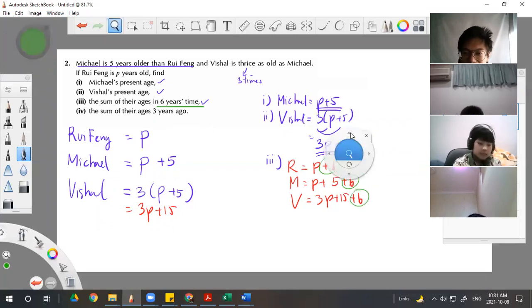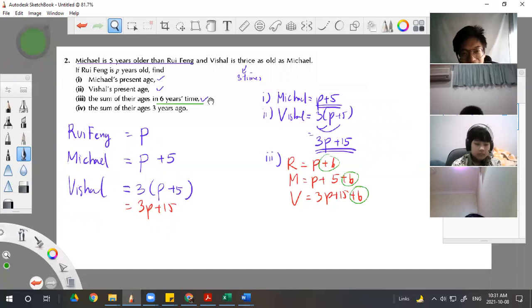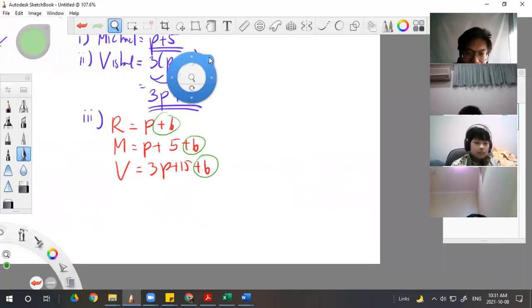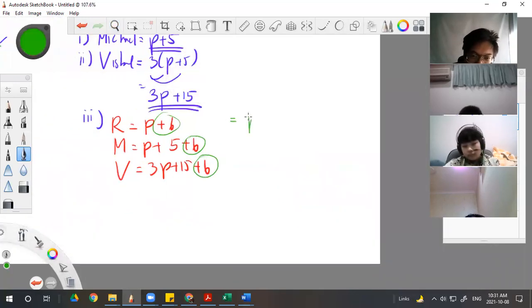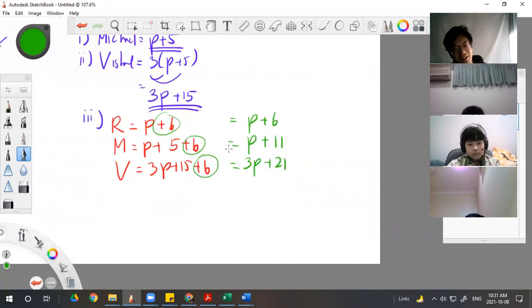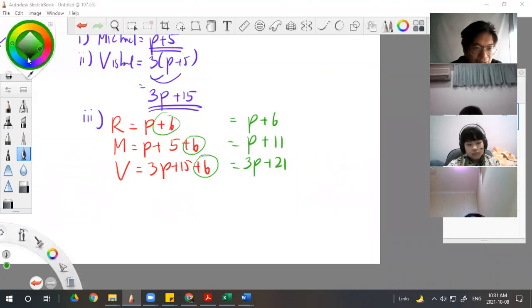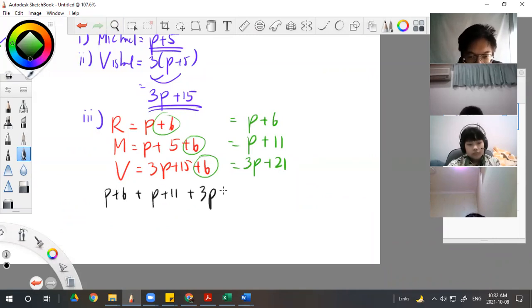6 tahun lagi. So, dia tanyanya apa? Sum of their ages. Ditambahin semua, guys. So, ini P plus 6. Ini P plus 11, right? Ini 3P plus 21. Bener gak? Ya, kita simplify. Terus di total, di add semua. So, how do you calculate the sum of their ages? P plus 6 plus P plus 11 plus 3P plus 21.